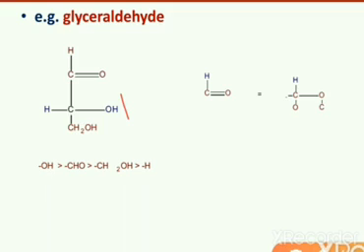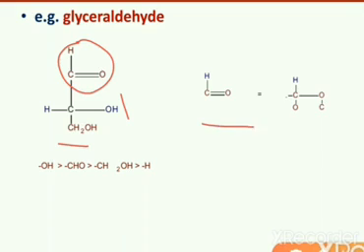Here the aldehyde carbon is further attached with the oxygen, but it is double bonded. This one is also attached with oxygen, but it is a single bonded oxygen. So we know that whenever we have a double bonded oxygen or nitrogen or carbon, we should duplicate it.